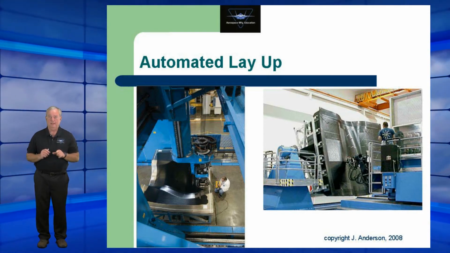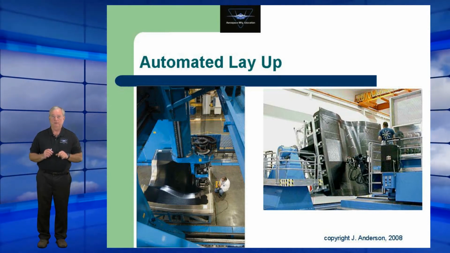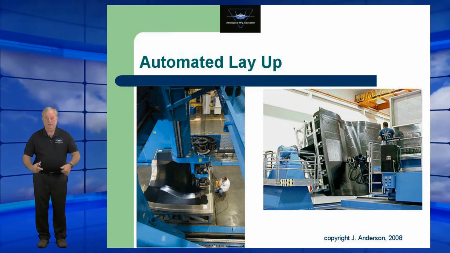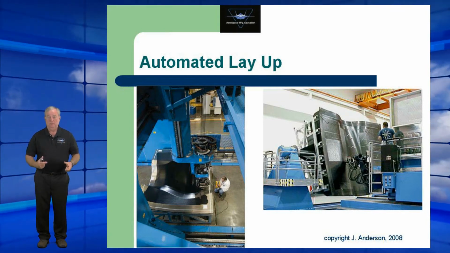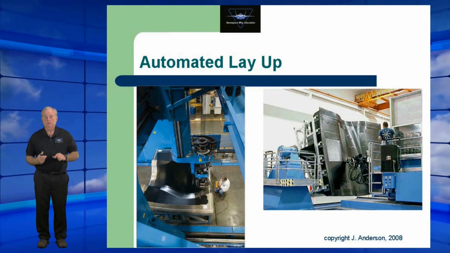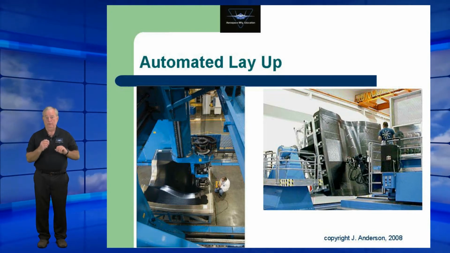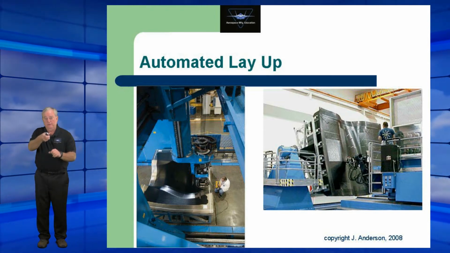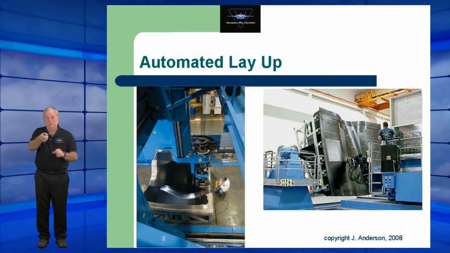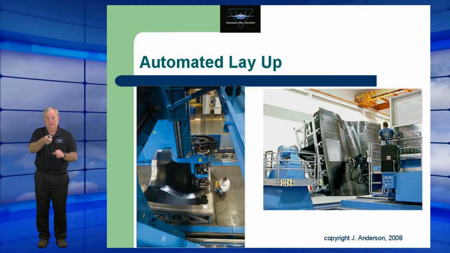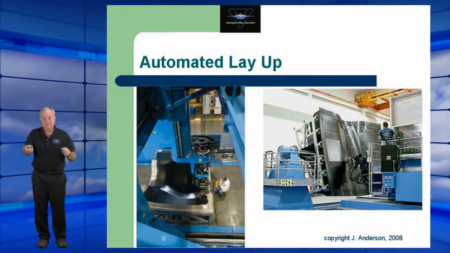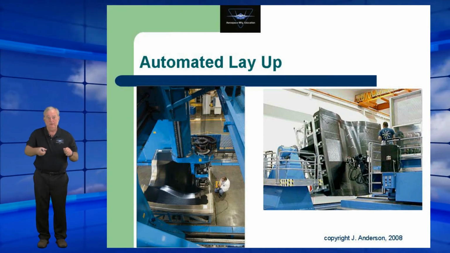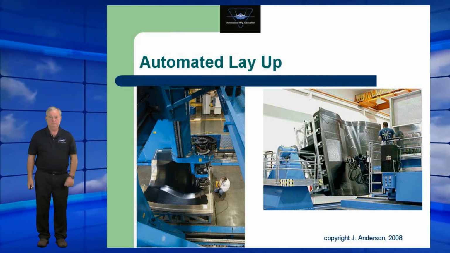And on the right side we have a machine that's rotating the part and the mold, or a mandrel, a male mold if you will. It's rotating that whole assembly around, and then a fixed or semi-movable applicator head allows that tape or fabric, or fibers rather, to be laid onto this male mold.